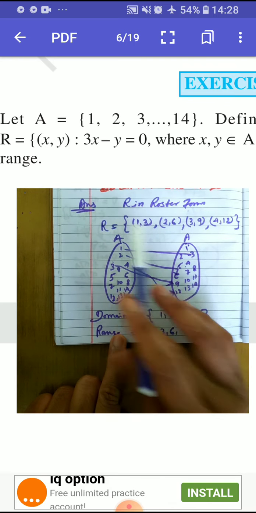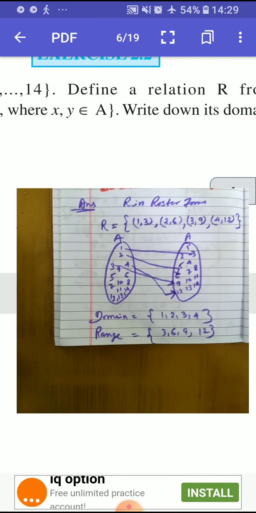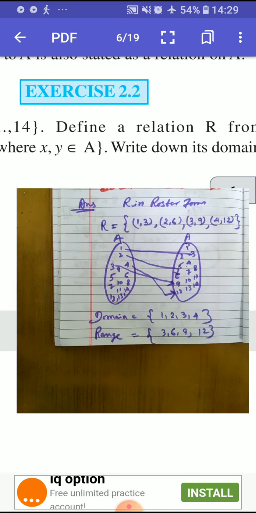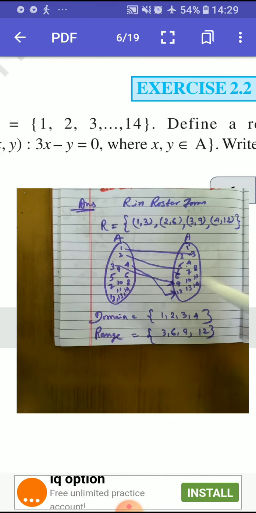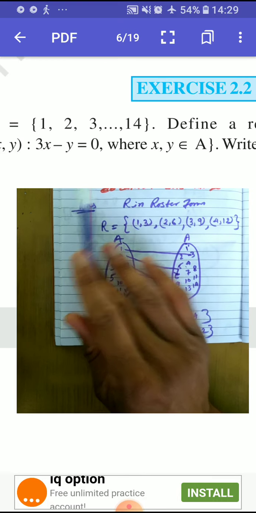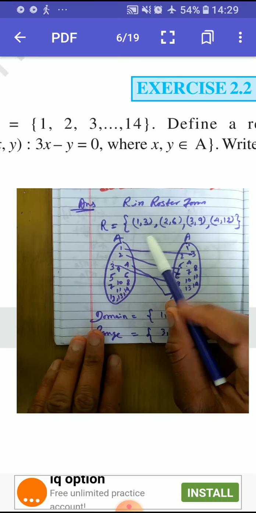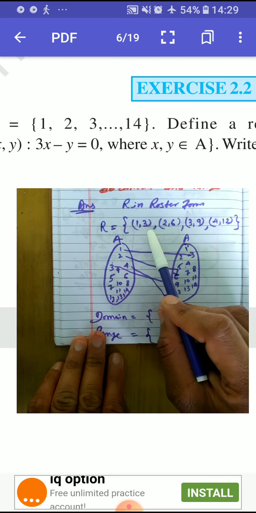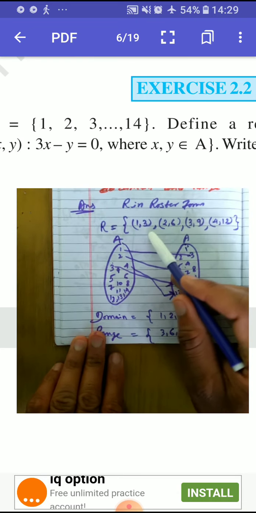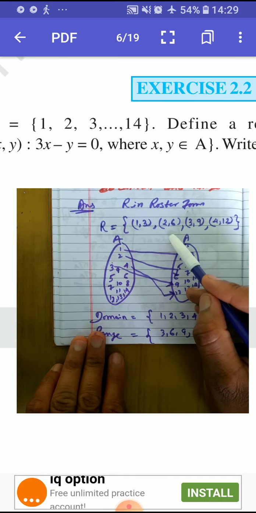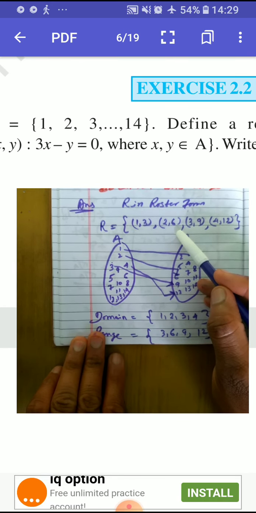so at first I have to write this relation in roster form. If I put x equal to 1 here, I will get the corresponding value of y equal to 3. If I put x equal to 2, I will get y equal to 6.